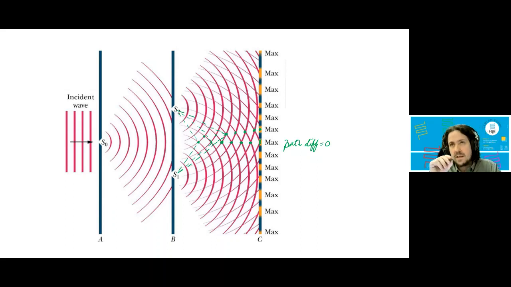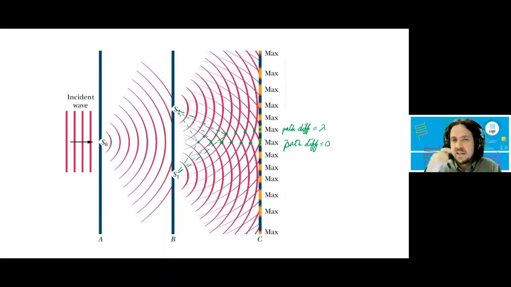But importantly, even though they travel different distances, the peaks will still be in phase. In other words, there'll be a peak from S1 and a peak from S2. Now, the path difference here, for this to occur, must equal lambda, a whole wavelength, all right? It must be a whole wavelength for them to once again line up. It's very important.